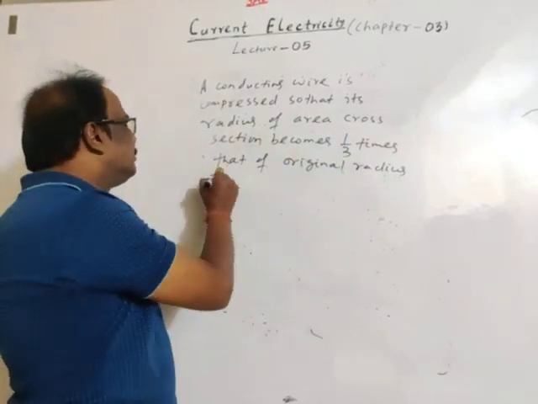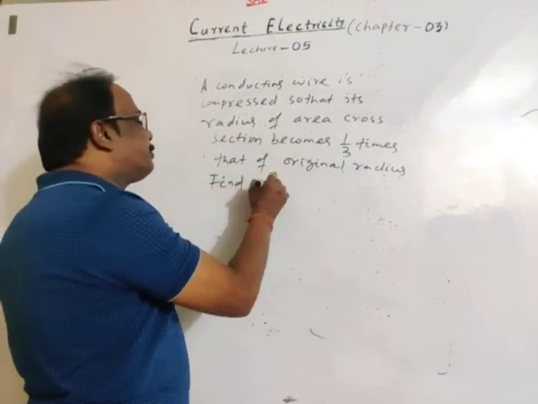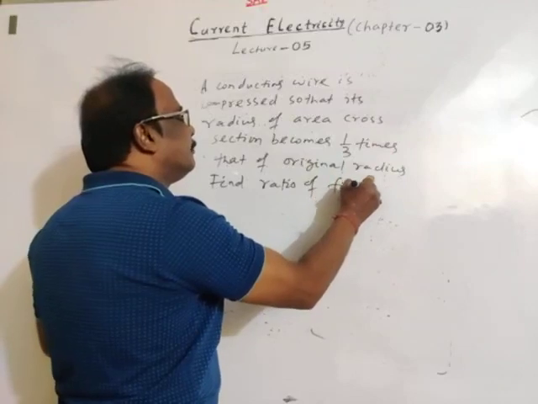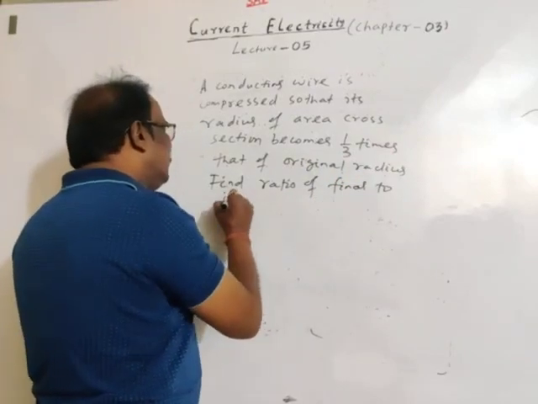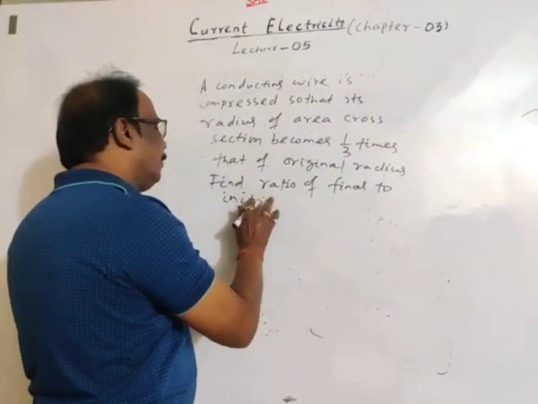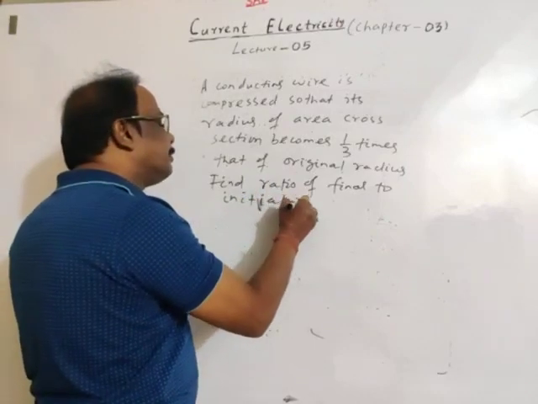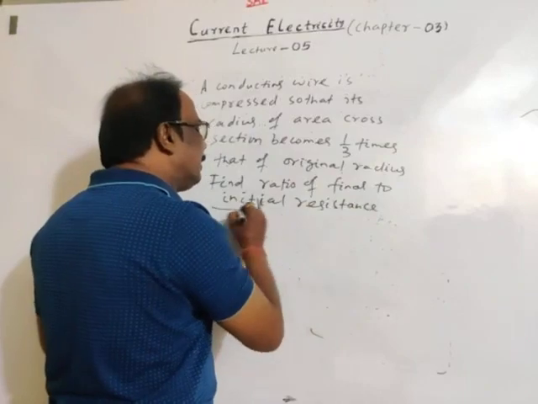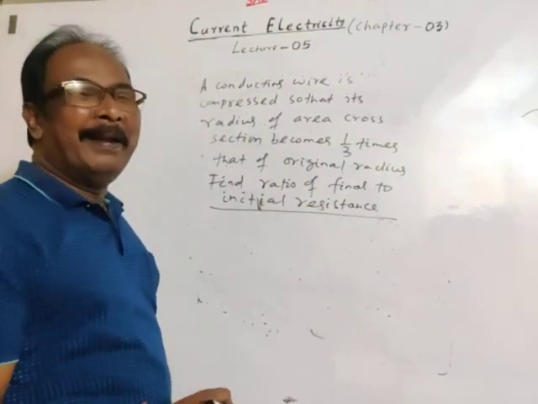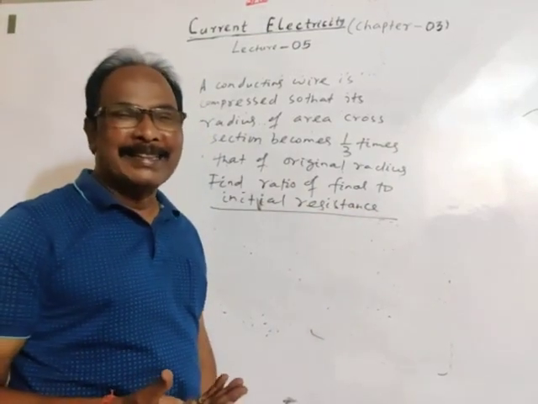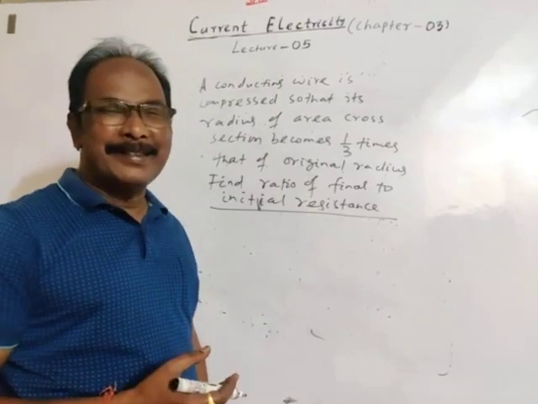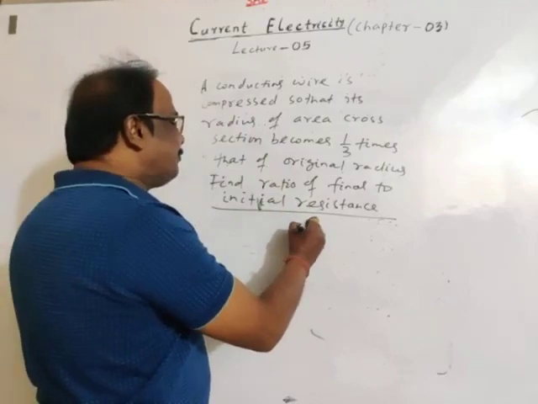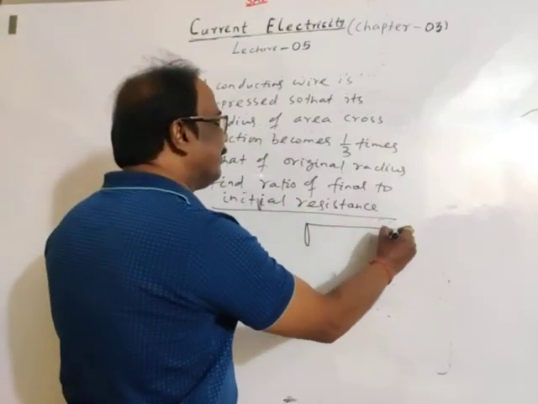Then find the ratio of final to initial resistance. Very simple and fundamental. Diameter or radius, same thing, they may change. So let's consider this is the first wire, the initial one.